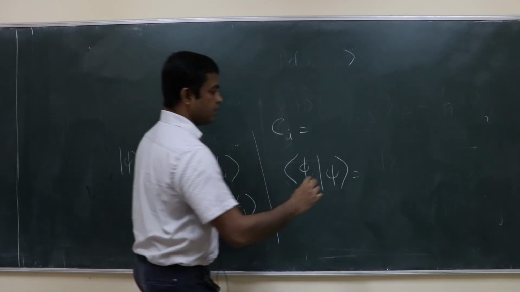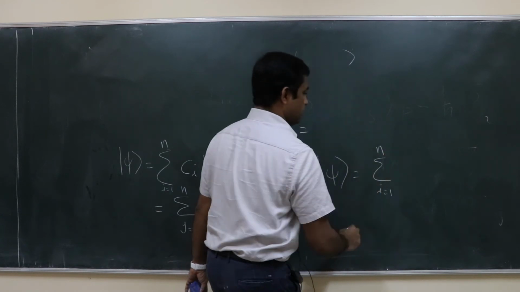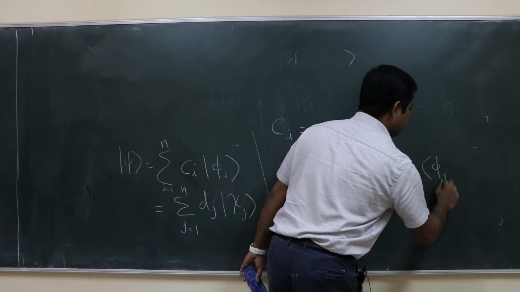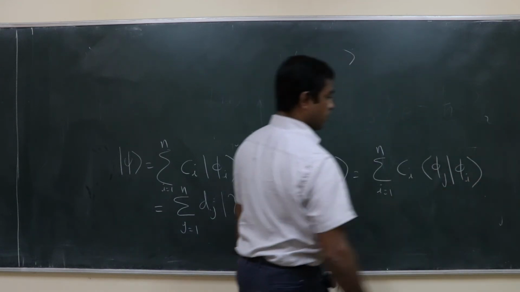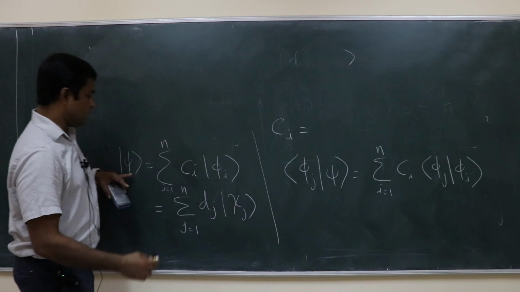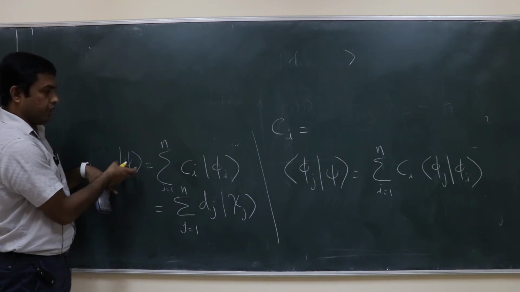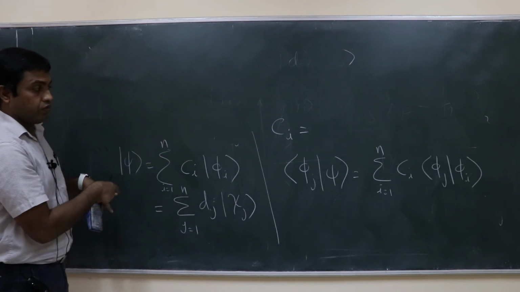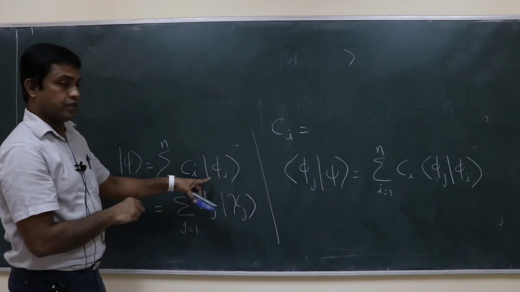The summation over i equal to 1 to n of c_i bra phi j ket phi i. I just took an inner product of ket psi with phi j, where phi j is one of the vectors in that basis set.